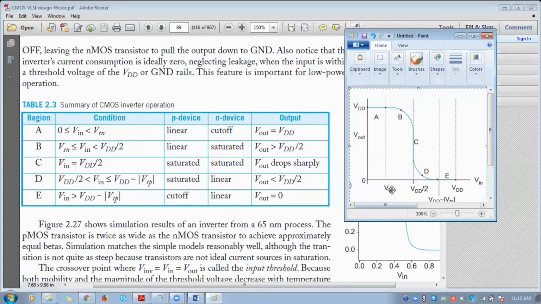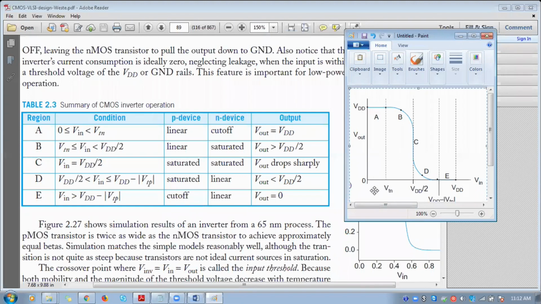Region B is between VTN and VDD by 2. We are increasing the voltage above the threshold voltage. If we are using a germanium transistor, this VTN value will be around 0.3, and if we are using silicon, it will be around 0.7. From 0, we are increasing the voltage above the threshold voltage.